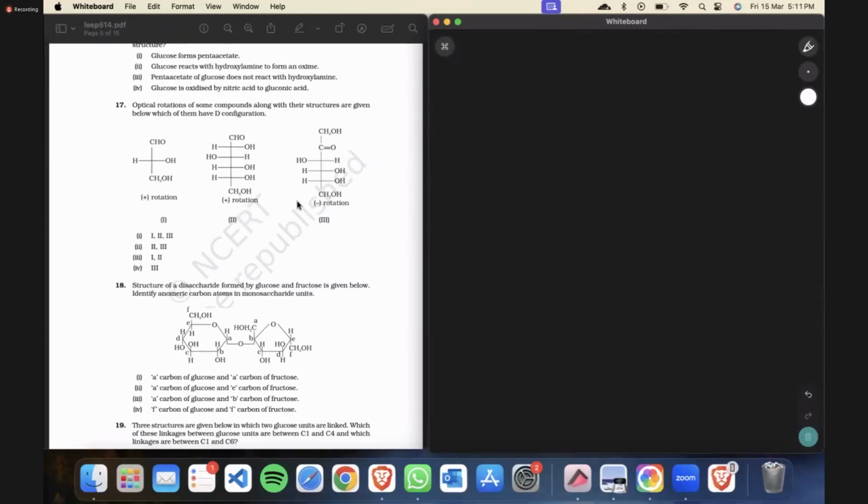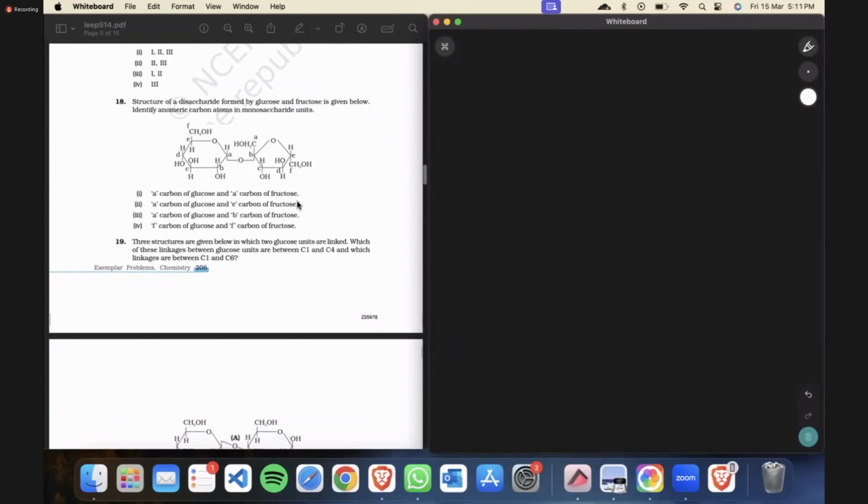Now moving onward to question number 18. The structure of a disaccharide formed by glucose and fructose is given below. Identify the anomeric carbon atoms in the monosaccharide units. A carbon of glucose, yes, that is correct, that will be anomeric. A carbon of fructose, no, that is not. E also not. B carbon, right? B carbon of fructose.